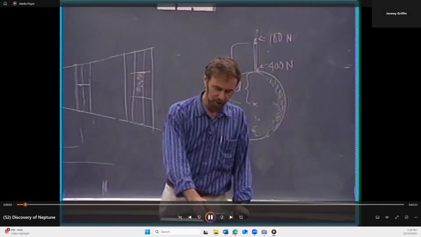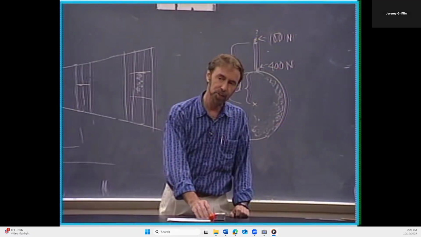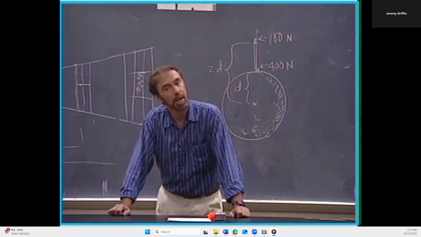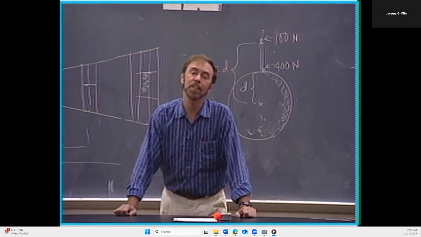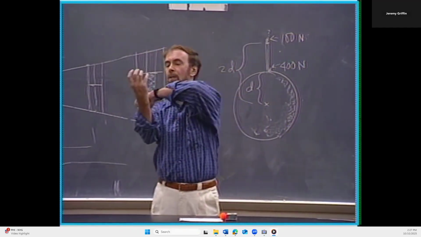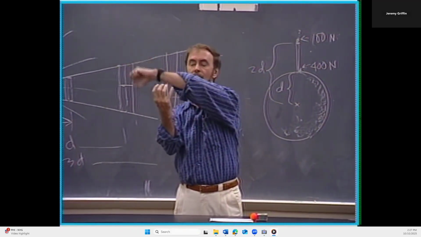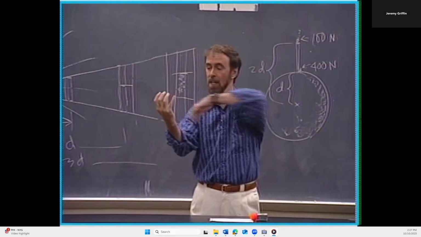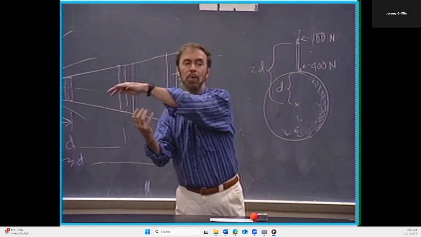Some people thought that gravity was rather local, and some evidence for that was back in the early 1700s when they were looking at the planets. The astronomers know that when a planet goes by Jupiter, for example, coming around the sun like this, it sort of wobbles a little bit.